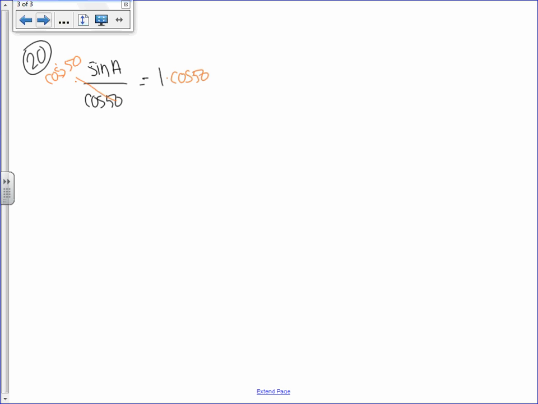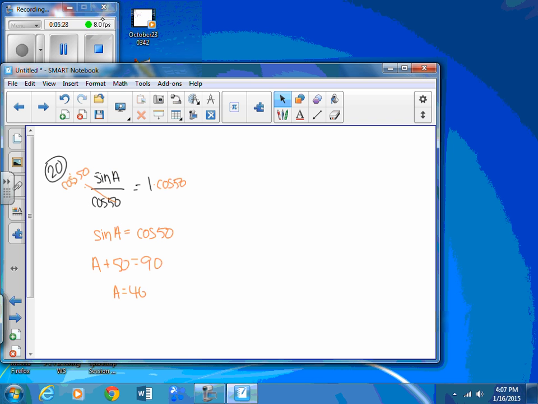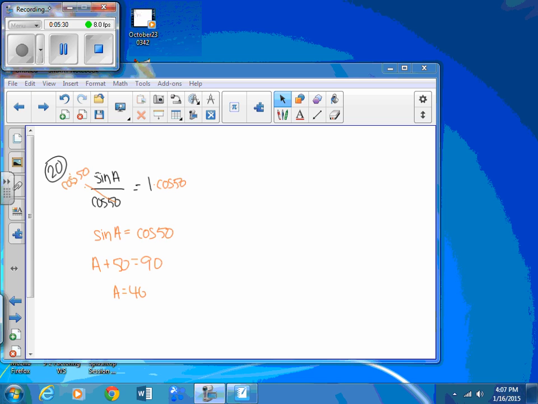I wrote thetas instead of 50s. So here they cancel, and then I'm left with sine A, and that's equal to cosine 50. Now I have cofunctions that are congruent, so that means that A plus 50 has to equal 90, or A is equal to 40 degrees. And that is that. Like I said, these problems are pretty basic.